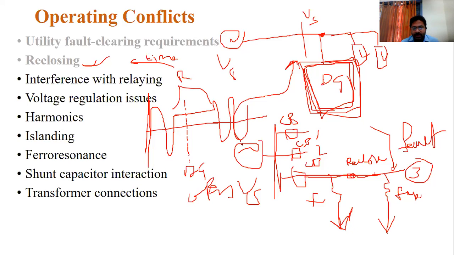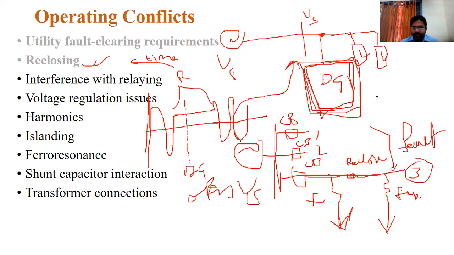In between this reclosing time, the DG must be open. Why? It was discussed thoroughly in the last class. You know that, right? This is the way you have to protect the DG and the feeder at the same time.